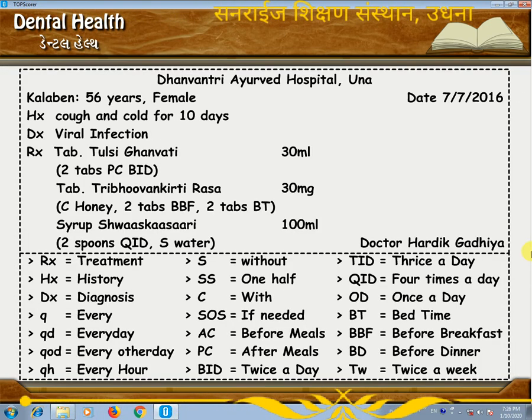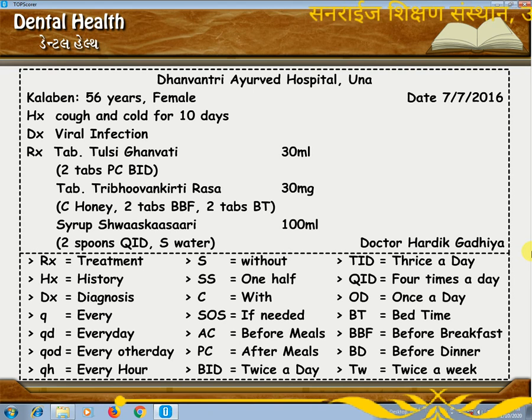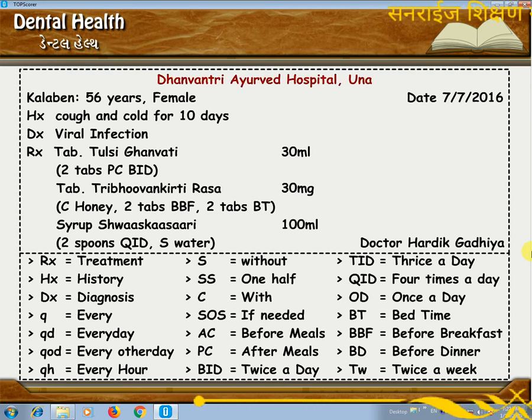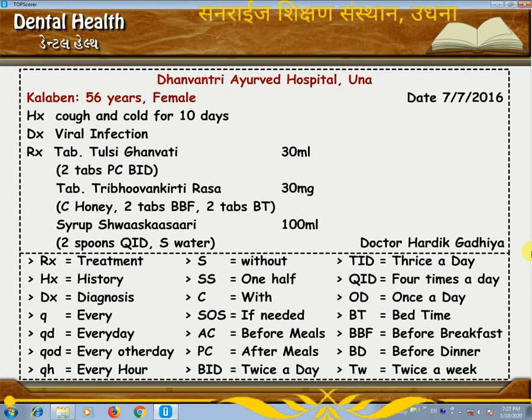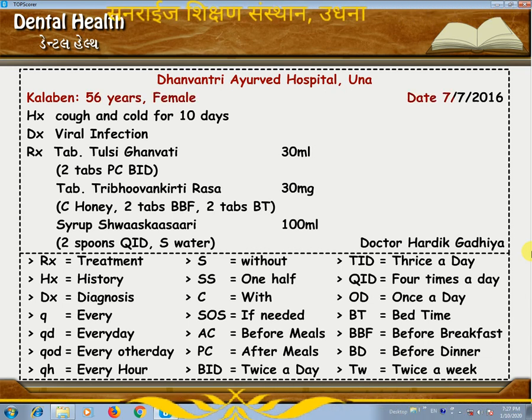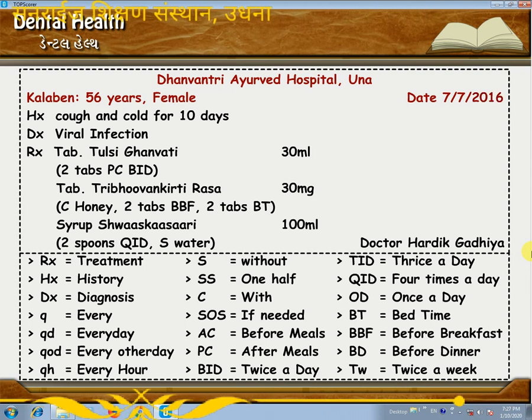Dhanvantri Ayurved Hospital, Una. Kalaben, 56 years, female. Date 7th July 2016. HX, cough and cold for 10 days. DX, viral infection. RX tab, Tulsi Ghanvati, 30 mg. 2 tabs, PC BID.